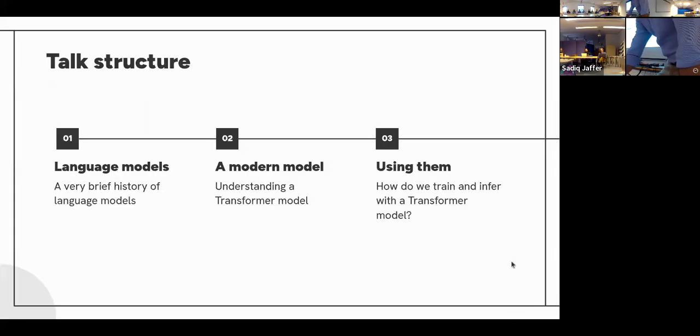All right, so the talk is structured like this: we're going to have a very, very brief history of language models. I'm going to skip most of it, but just to give you a little idea of where we come from. Then we're going to spend most of our time understanding the modern transformer model, the kind of thing you'd see in, say, Llama 3, which was released yesterday, but also in other state-of-the-art transformer models.